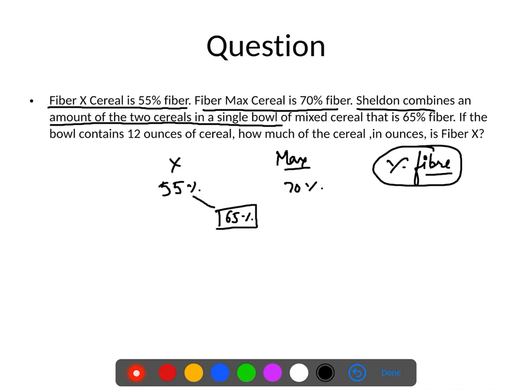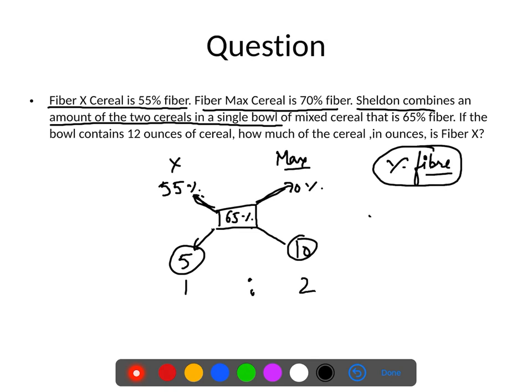So again, take the differences. We just need to take the positive differences. 65 is the bigger value, so 65 minus 55 is 10. 70 minus 65 is 5. We need to take the positive differences. So 5 is to 10, or 1 is to 2.